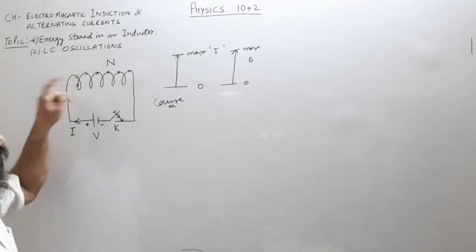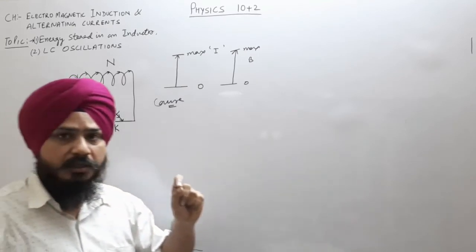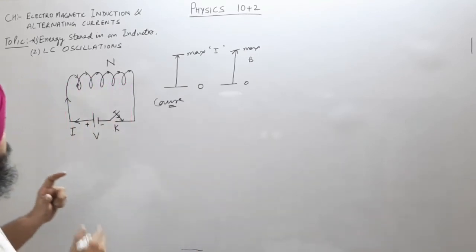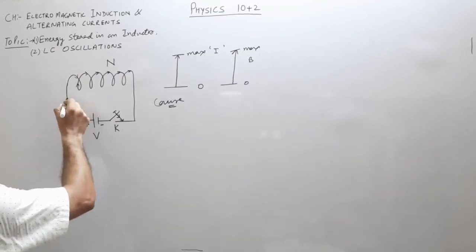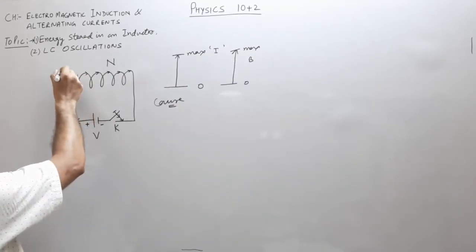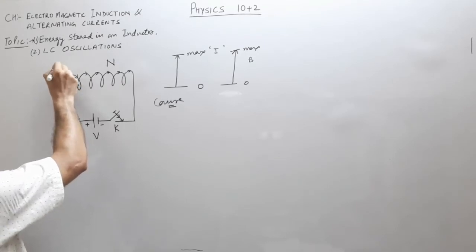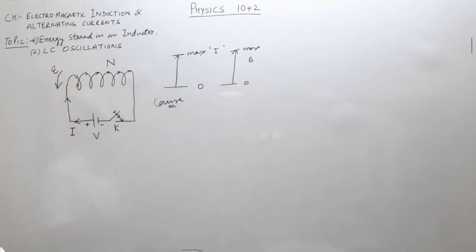So induced EMF will be produced in such a way that if current grows in this way, induced EMF will flow this way, in the reverse direction.